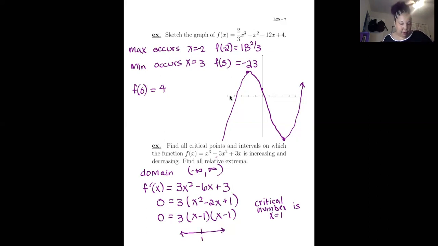All right, I can rewrite the derivative as 3 times x minus 1 squared. And something squared is always positive, right? So I'm going to be increasing everywhere because there's not a number that I can plug in and get something negative. So I'm increasing from negative infinity to 1 and from 1 to infinity.